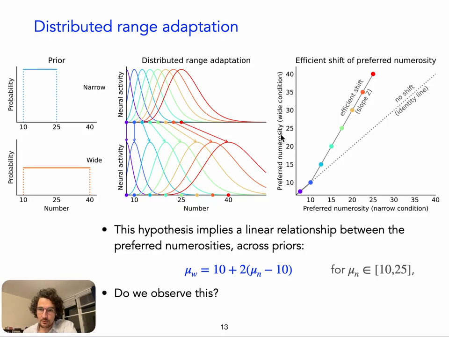So if you plot one versus the other, you should be on this line here of slope 2, if indeed you have this efficient shift, and you should be on this identity line if there is no shift. So the question is, do we observe this?